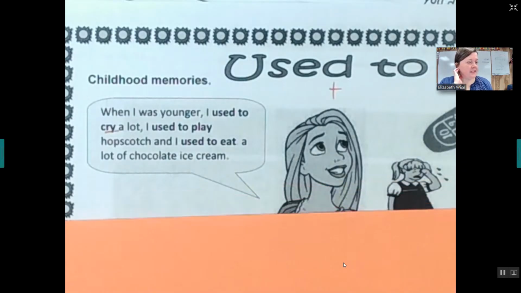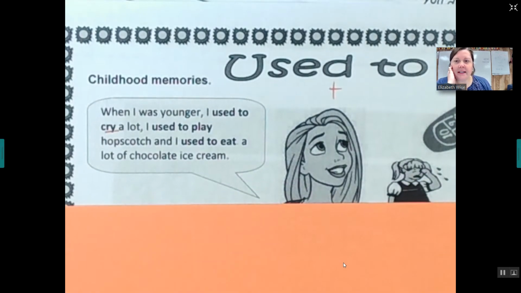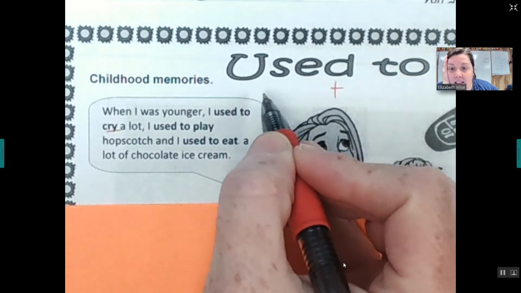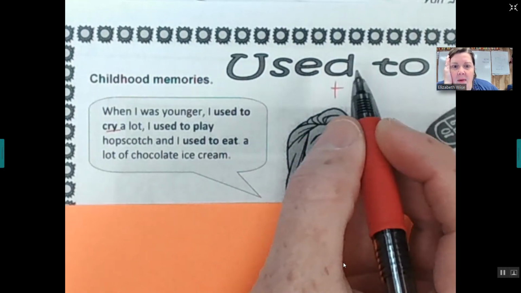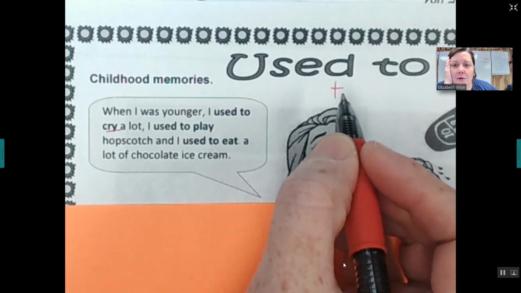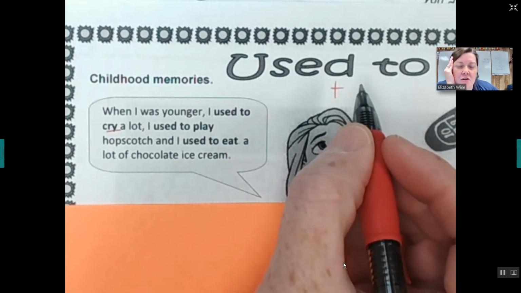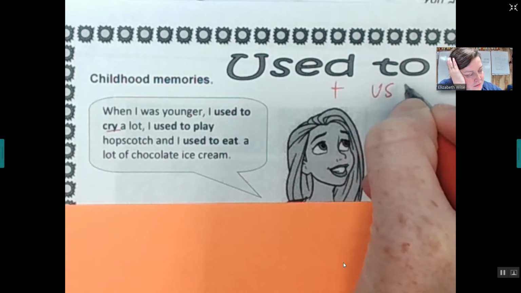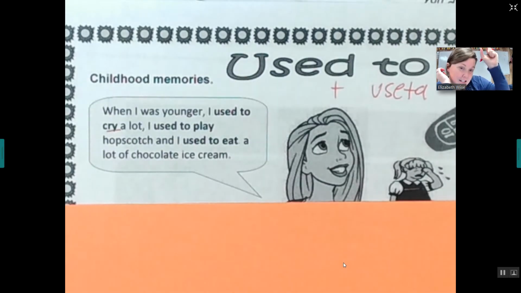All right, so this is the first page of your packet this week, and this is how you write "used to", but you're gonna say it with a T, so "used to". And honestly, we usually say "used to" instead of saying the two separately.